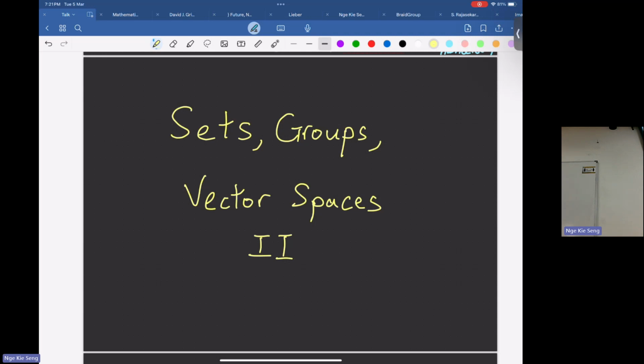If I give you one element in the domain, you should give me one element in the codomain. So a function could be many to one, one to one, but it cannot be one to many or many to many. If it is one to one, then the function is injective.